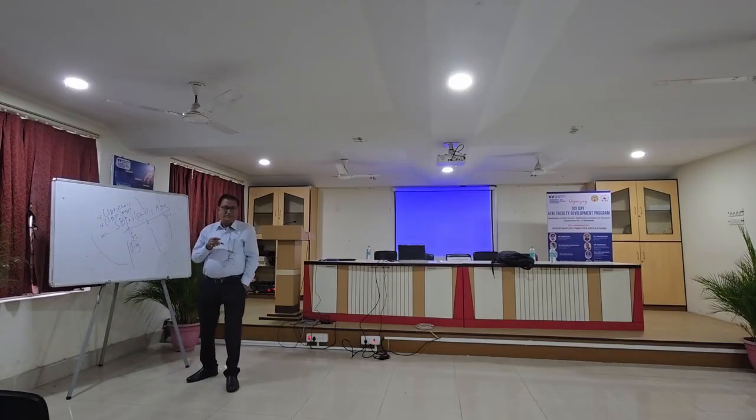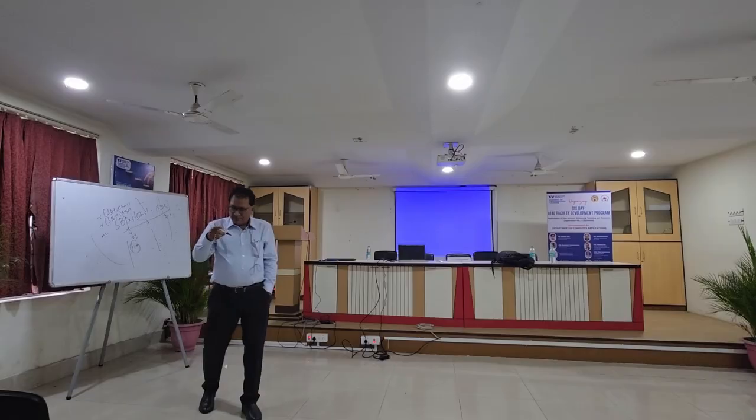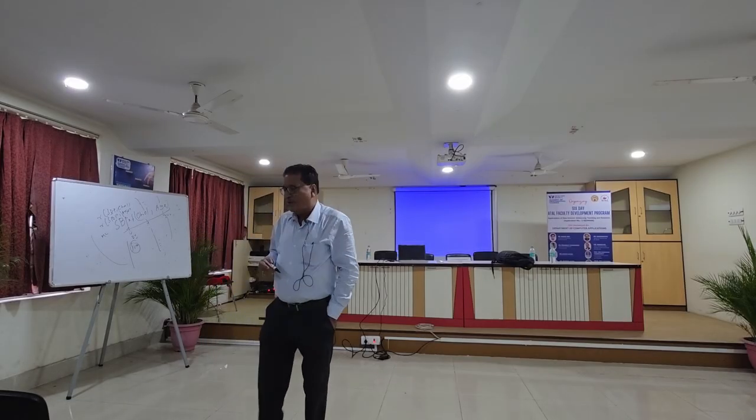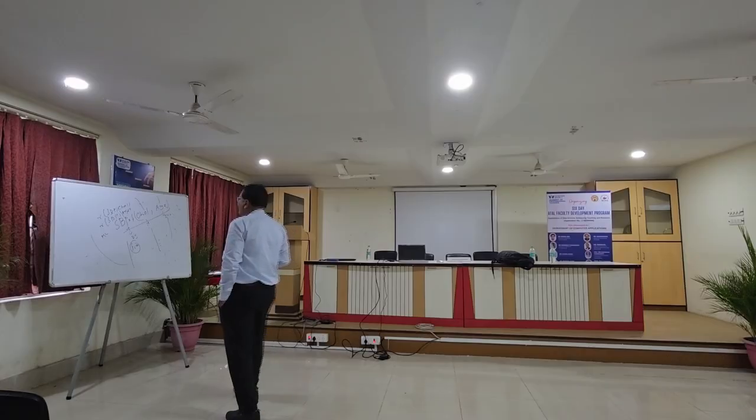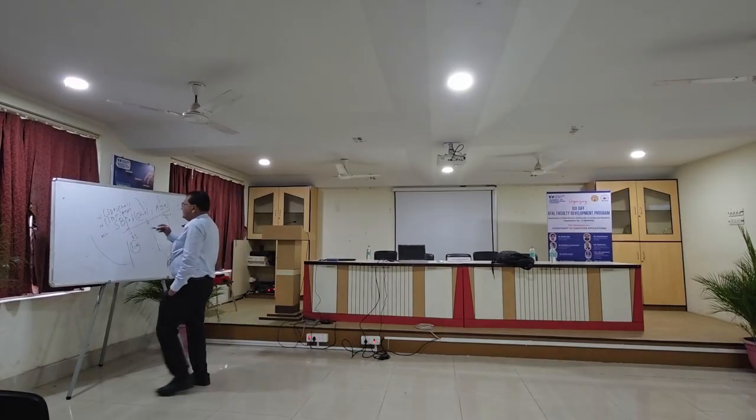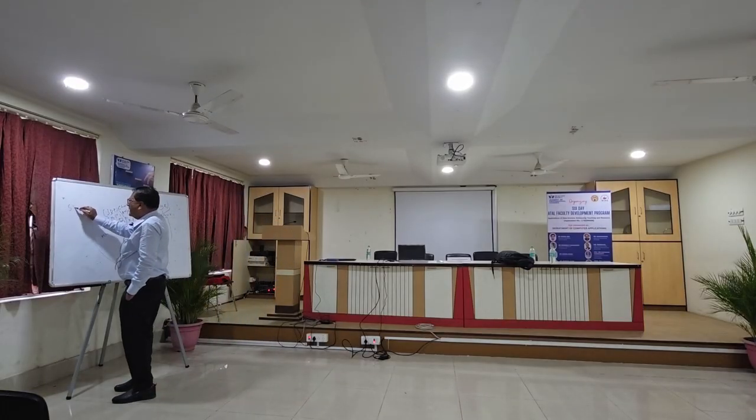But if we solve the problem using our conventional regression technique, that means this is our model. SBP is equal to constant plus beta 1 into cholesterol level plus beta 2 into age.